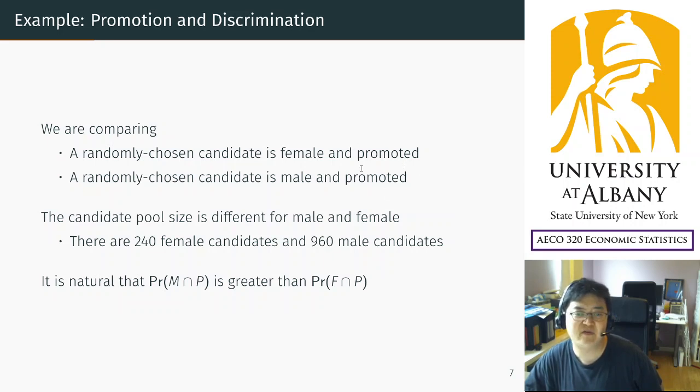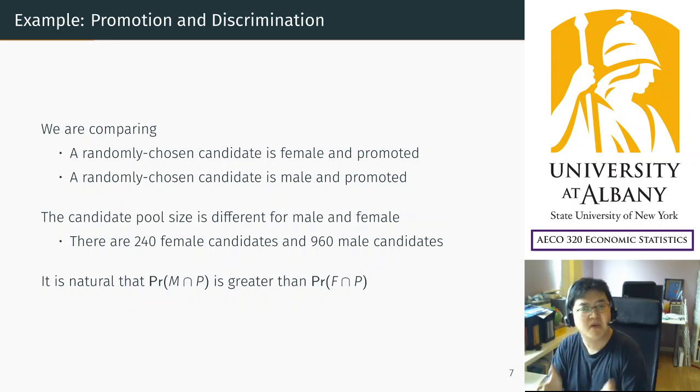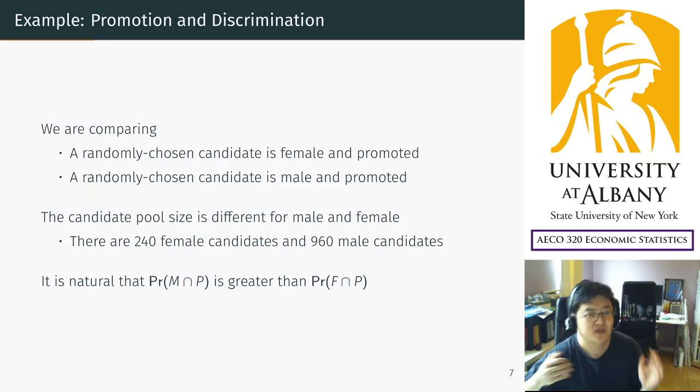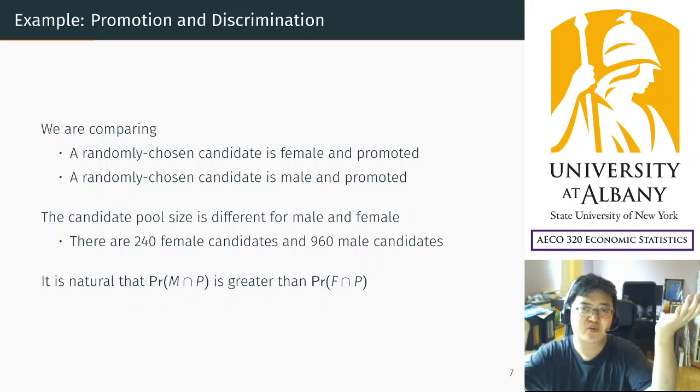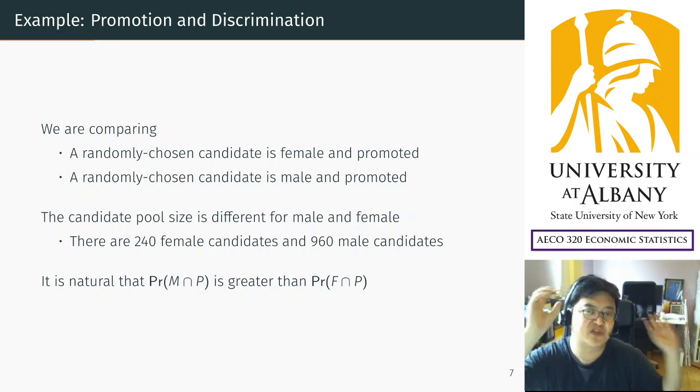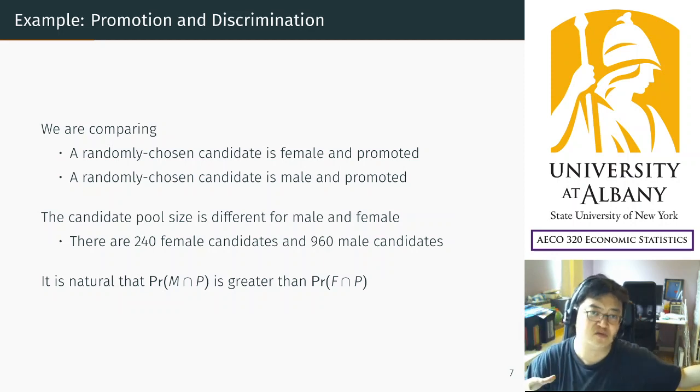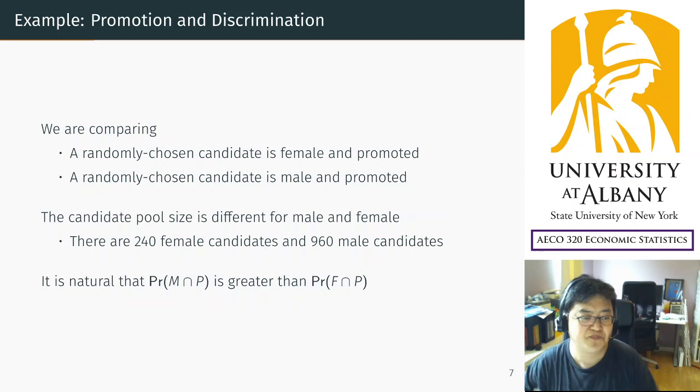So even without the promotion variable, the probability associated with male must be much larger than the same probability for female, right? That is the difference in pool sizes. There are many more male police officers than female police officers. So automatically after promotion, there may be many more male officers just because there was a larger pool, even if there was no discrimination. So the comparison itself is not fair. They cannot be compared one-to-one.